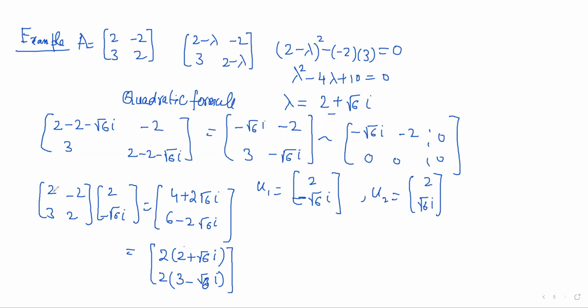So 2 times 2 is 4, minus 2 times minus root 6 i is plus 2 root 6 i, and 3 times 2 is 6, and that is minus 2 times root 6 i.